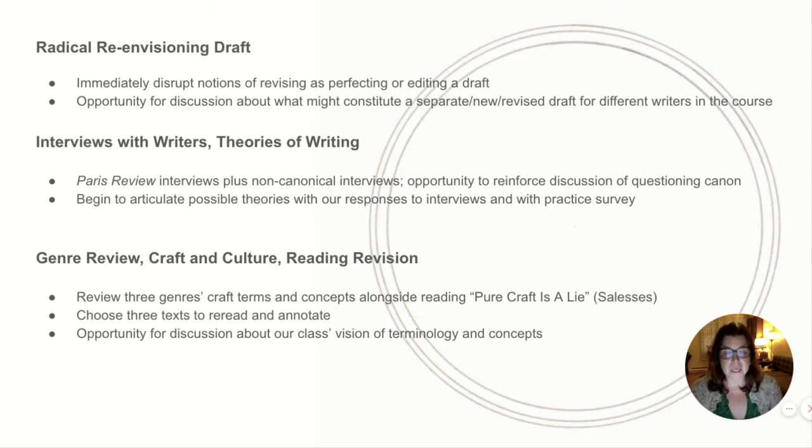With this, we begin explicit discussion of how systems of power and oppression inflect our notions of craft, taste, and standards in creative writing. The hope here is to reorient all of us in the course toward using terminology with appropriate skepticism and nuance, and also towards rejecting terminology or concepts as we wish, or reimagining terminology and concepts.